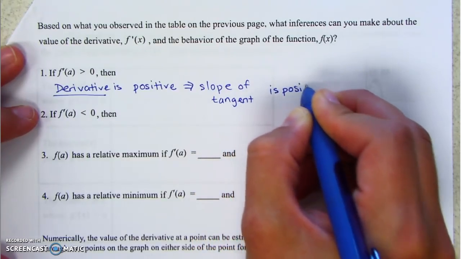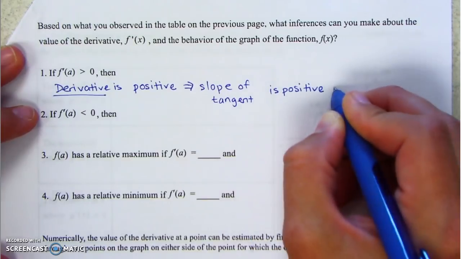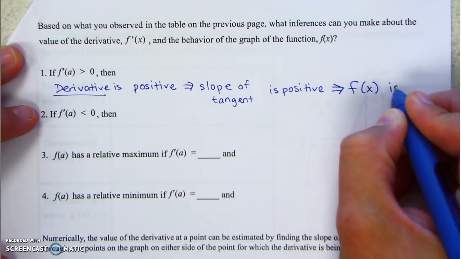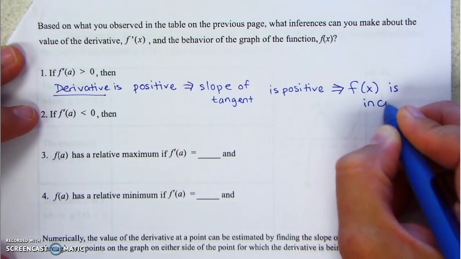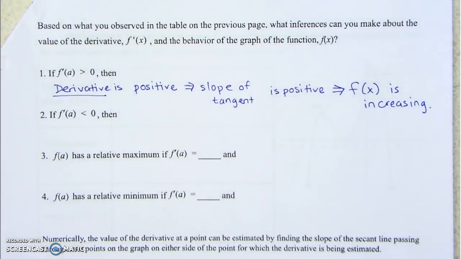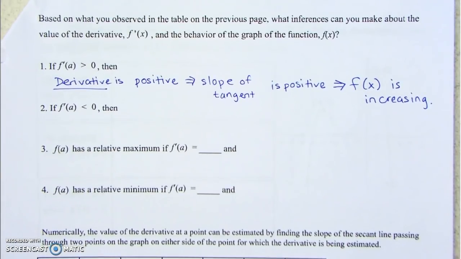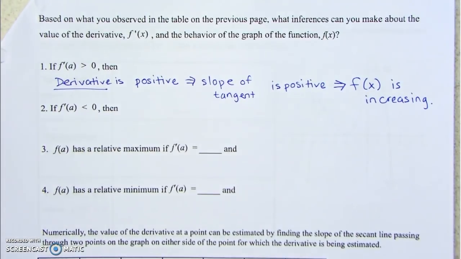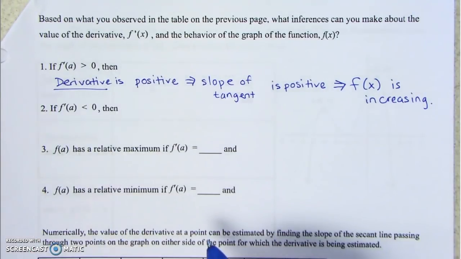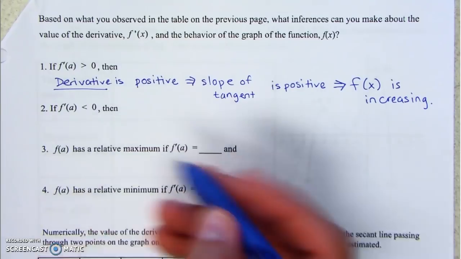right? Well, what does it mean if the slope is positive? Well, if the slope is positive, then that means f is increasing, right? That's how we're connecting the dots. F is increasing at that point. Okay, let's connect the dots for the next one.